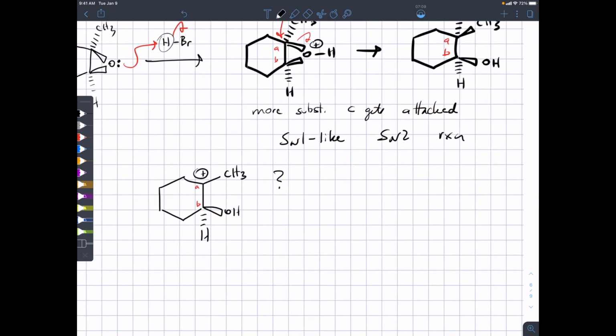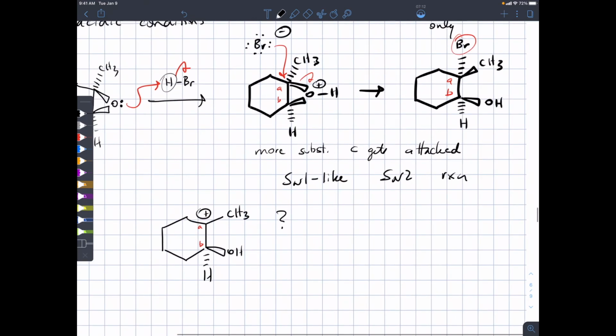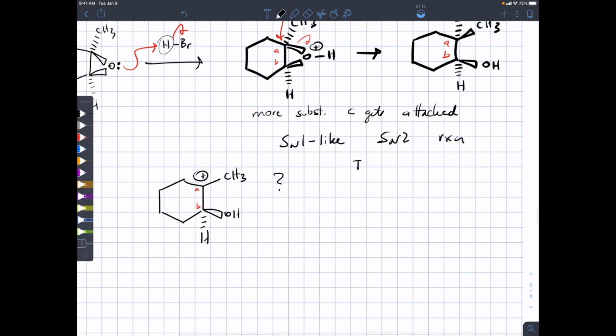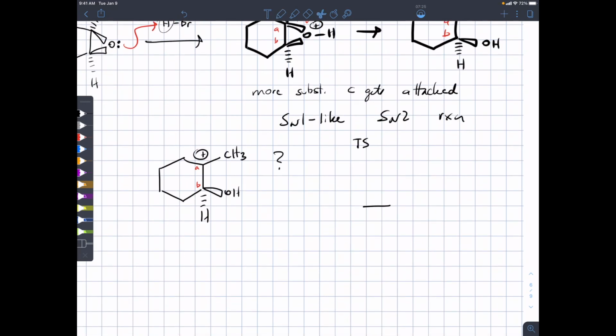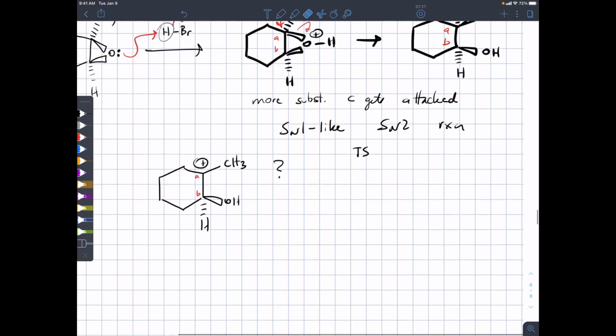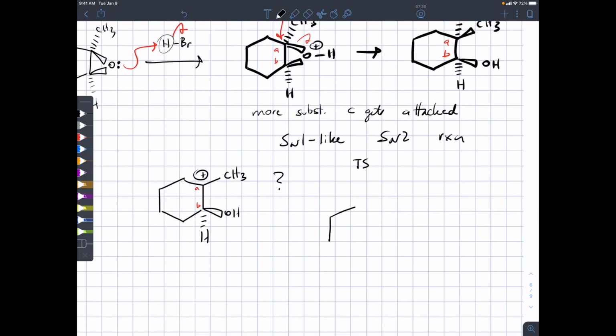And so what we're saying is that in the transition state for this reaction, the bond between carbon and, what's the best way to show this? So imagine a transition state in which the bond between the oxygen that's leaving and carbon A has gotten pretty long.